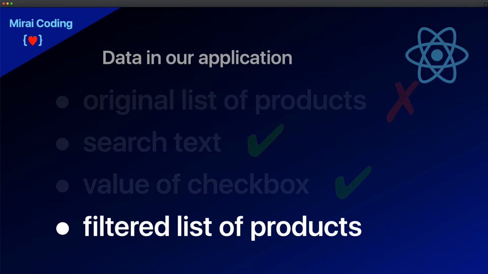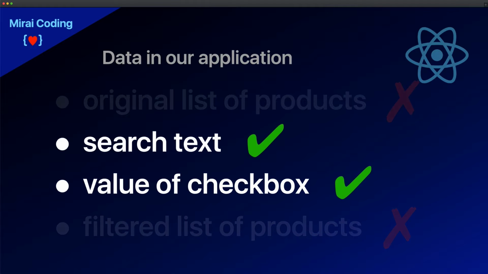And finally, the filtered list of products isn't state, because it can be computed by combining the original list of products with the search text and the value of the checkbox. So finally, our state is the search text the user has entered, and the value of the checkbox.